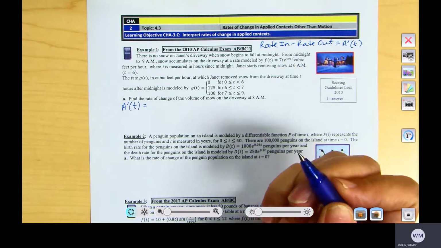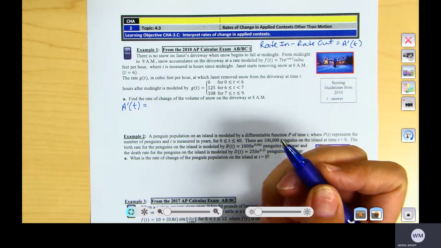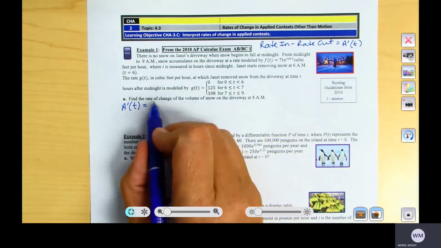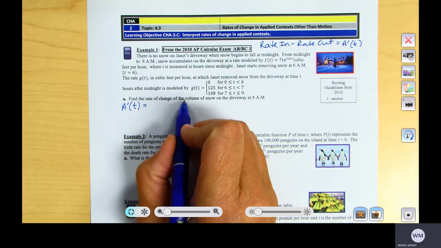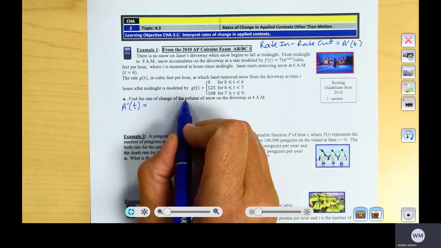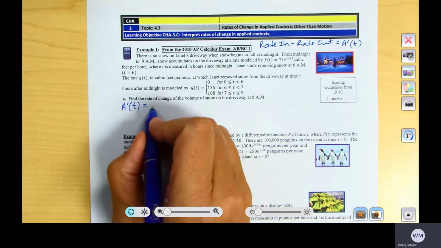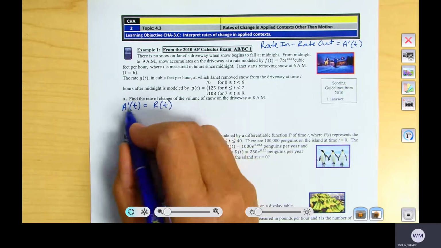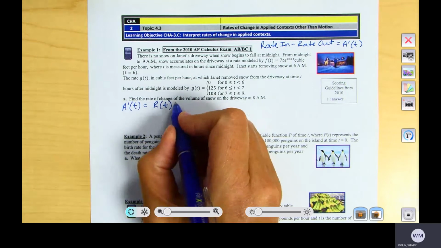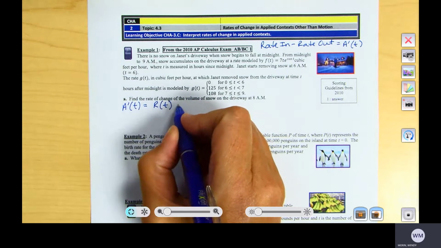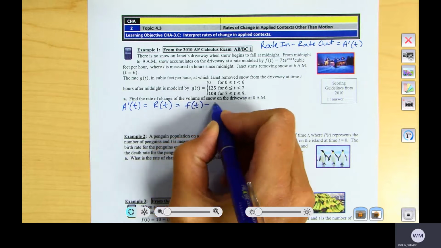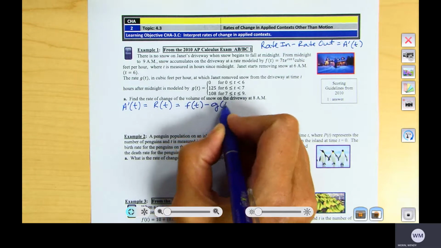Just like in the last section, we have position, then we have velocity, and then we have acceleration. Change of the volume, they're giving you the first derivative. So that's going to be your rate. The first derivative is your rate, in this case, velocity. We have our rate in minus our rate out.